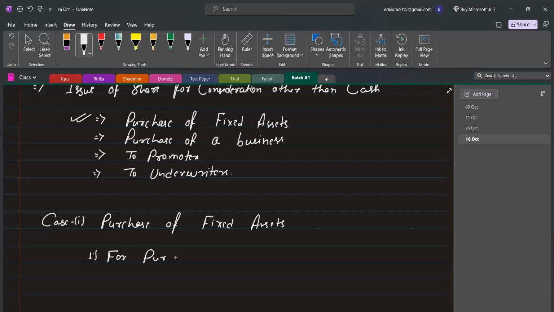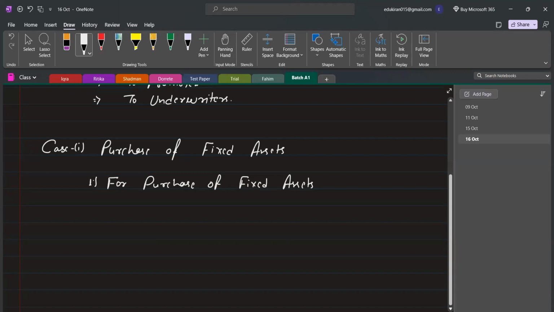Okay, so the first journal entry in this case, for purchase of fixed assets. The entry will be assets account debit, because if we pay the full amount in cash, then there is no need to issue our share. For purchase of fixed assets, we have purchased our fixed assets, so fixed assets account is debited. If the name of the asset is given in the question, then you will write the name of the asset.